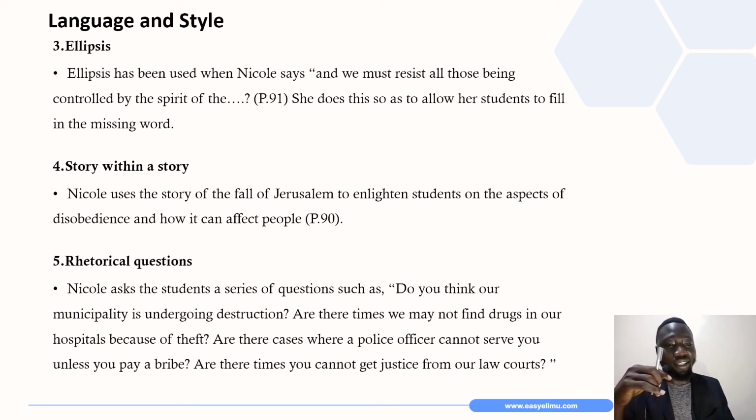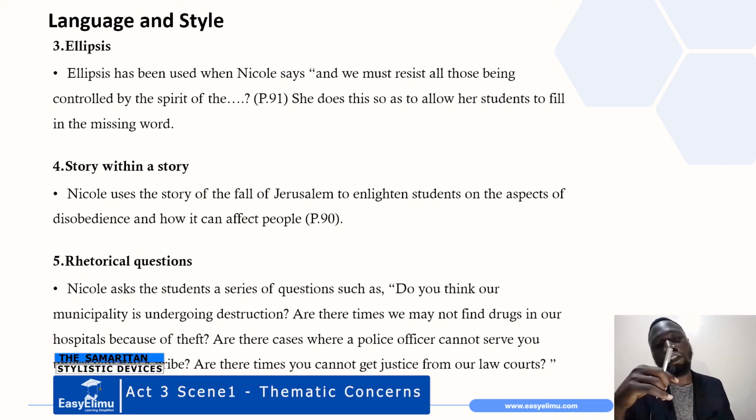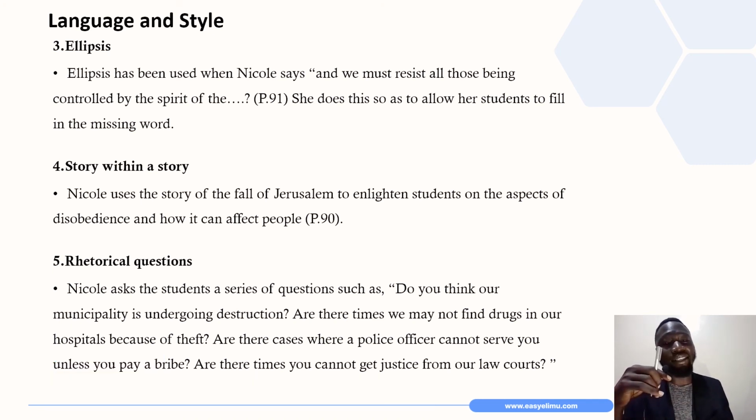There is also the use of rhetorical questions. Nicole asks the students a series of questions such as, do you think our municipality is undergoing destruction? Are there times we may not find drugs in our hospitals because of theft? Are there cases where a police officer cannot serve you unless you pay a bribe?